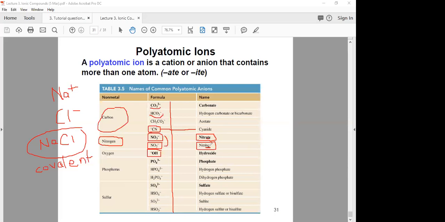Okay, so they become very important for everyone. This one's also important. OH with a negative charge. This is called hydroxide, and we'll refer to this a lot in both Living Systems 1 and 2, and I'm sure you will also in some of your other subjects. Another very important one that we refer to a lot, the phosphate, polyatomic ion.